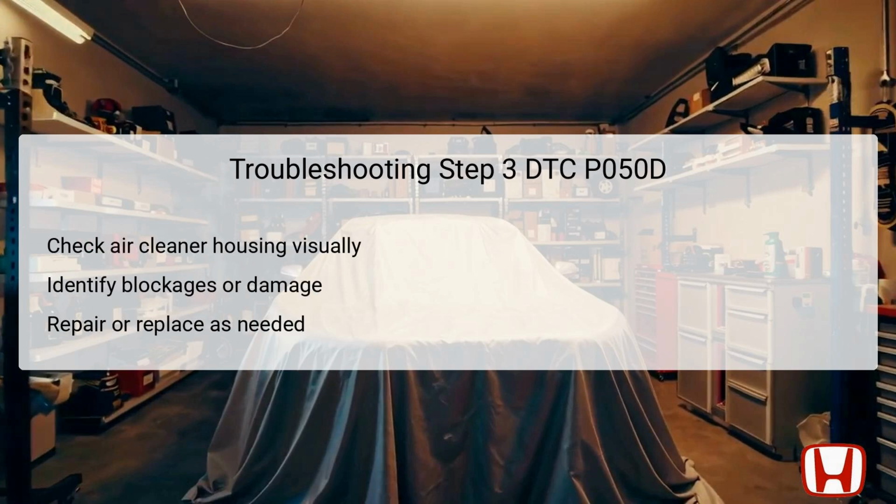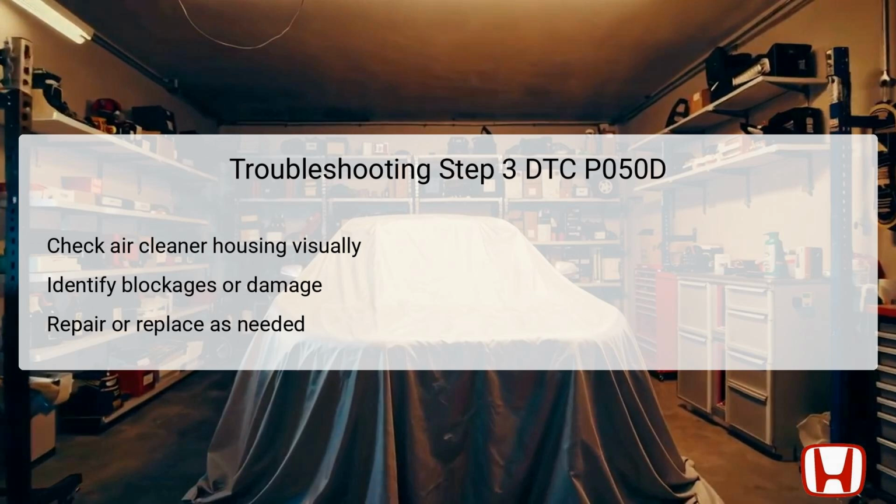The third troubleshooting step involves inspecting the air cleaner housing for any signs of poor connections or blockages. This housing encloses the air filter and allows ambient air to flow into the engine while filtering out debris. If the housing is not properly secured or shows signs of damage, it may cause inadequate airflow, which could trigger DTC P050D.